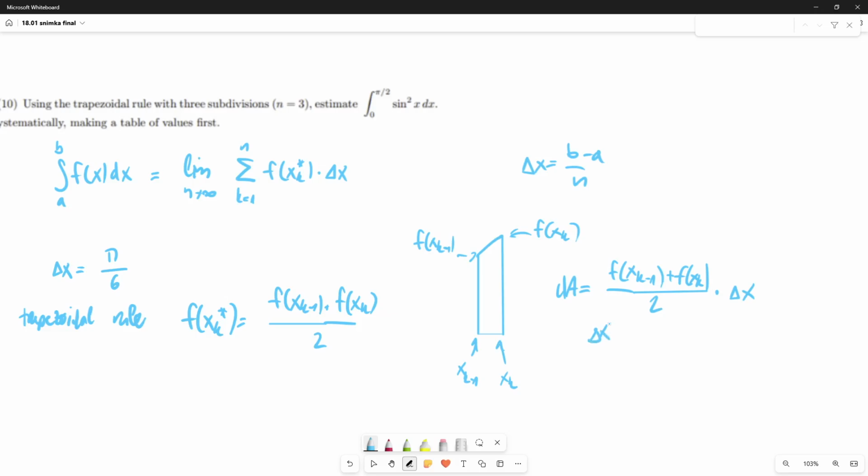Of course, delta x is equal to xk minus xk minus 1 for each k.